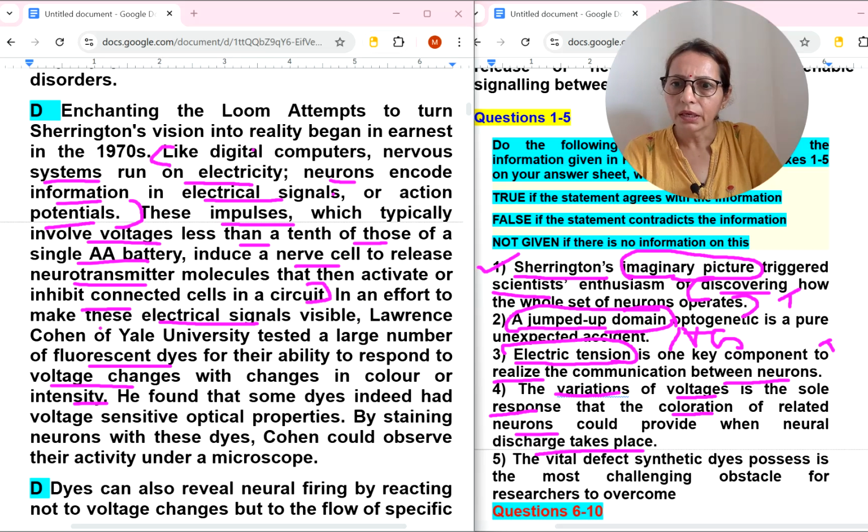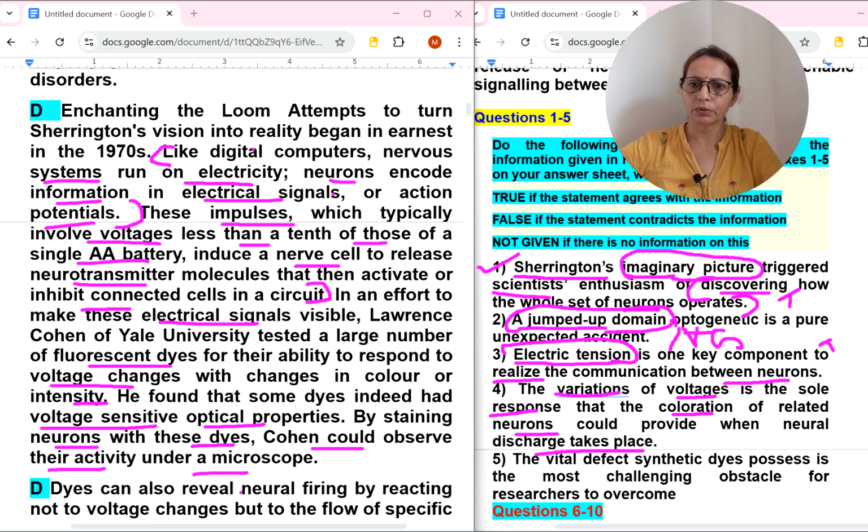In an effort to, so voltage is here, which typically involve voltages less than one-tenth of those nerve cells to release molecules, then activate or inhibit connected cells in a circuit. He found that some dyes indeed had voltage-sensitive optical properties. By staining neurons with these dyes, Cohen could observe their activity under a microscope. Okay, so voltage changes. Here they are saying variations of voltage.